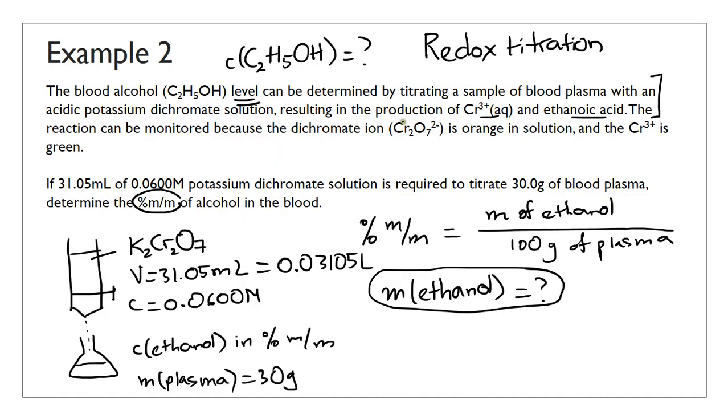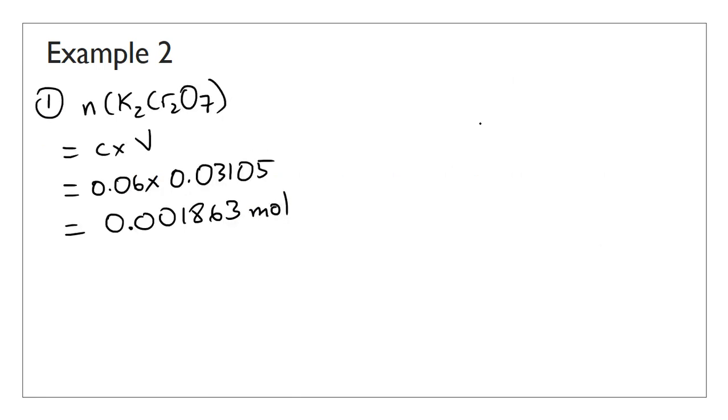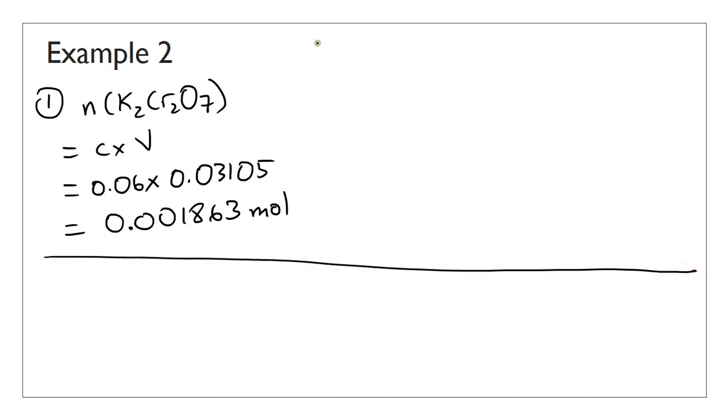Okay, so if you go back to the question, they actually tell you enough information to be able to write the half equations. So C2H5OH is going to turn into ethanoic acid, whereas, what was the other one? Potassium dichromate, so mainly the dichromate ions, is going to turn into chromium. So for step 2, I'm going to have to start by writing out the equations.